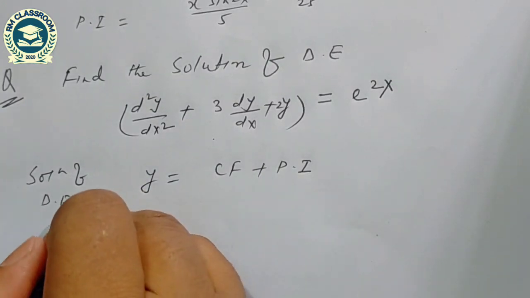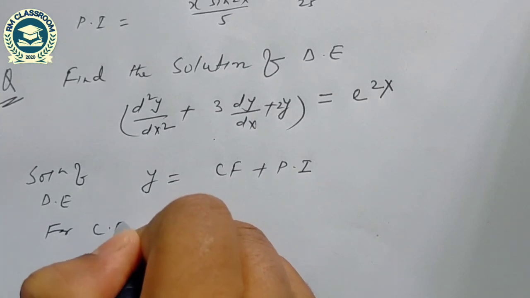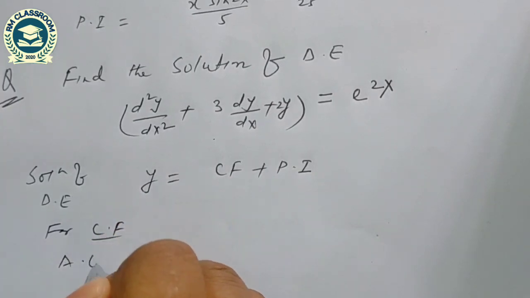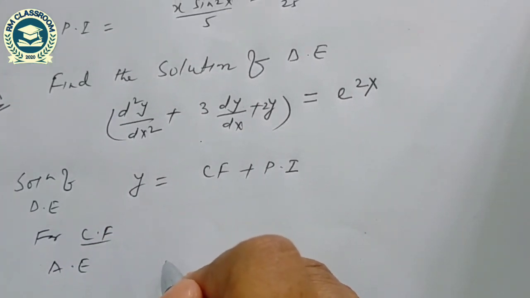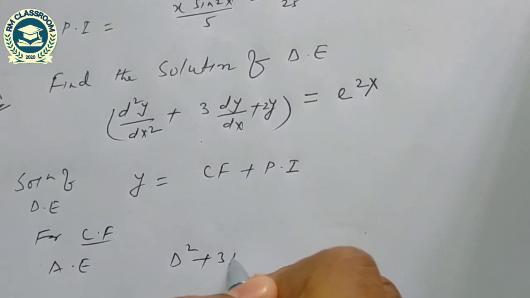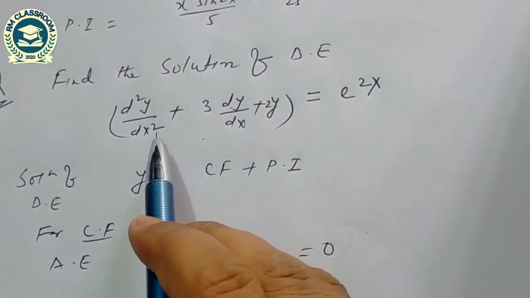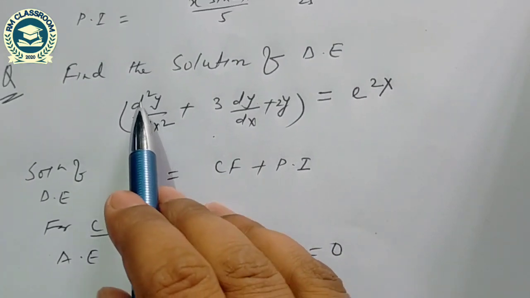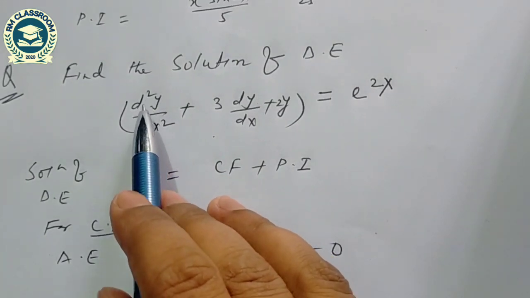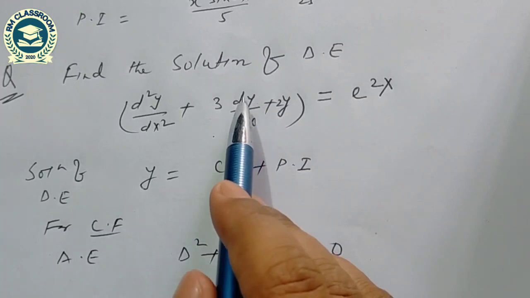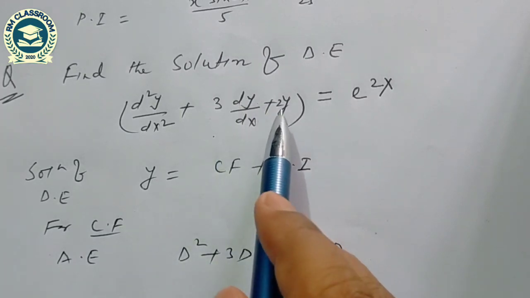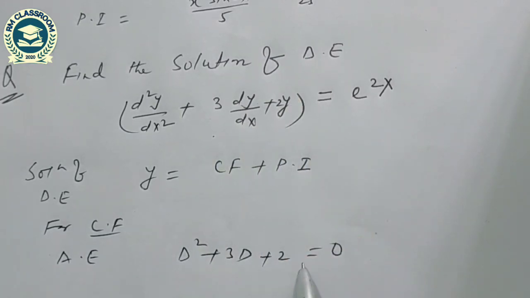So for complementary function, the auxiliary equation can be D square plus 3D plus 2 is equal to 0, because this equation can be written by replacing d2 by dx square with D square, capital D is equal to d by dx, and y is common, so D square plus 3D plus 2.